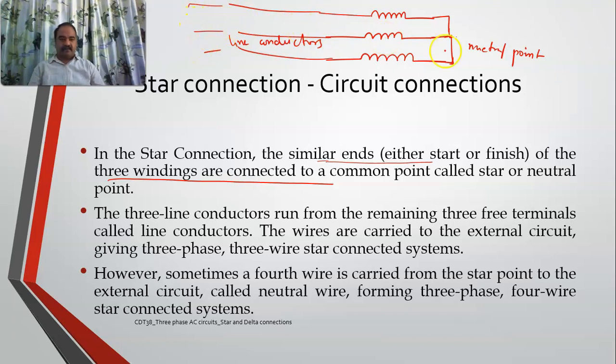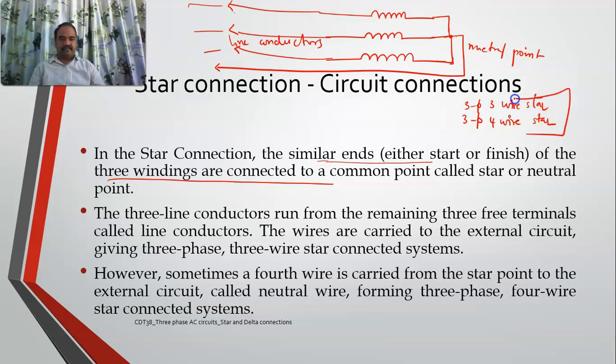Sometimes you can use a fourth wire from the neutral point also for your external connection. If you use a neutral wire, then it is called a three-phase 4-wire system, otherwise it is called a three-phase 3-wire star connected system. The extra, fourth wire refers to the neutral wire.